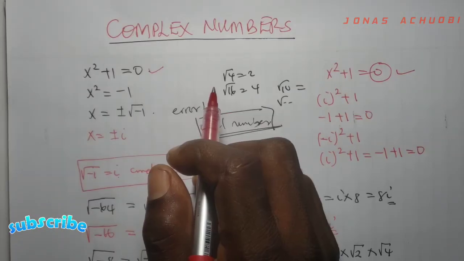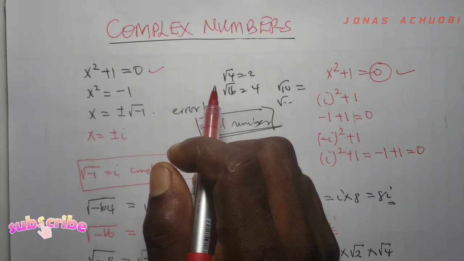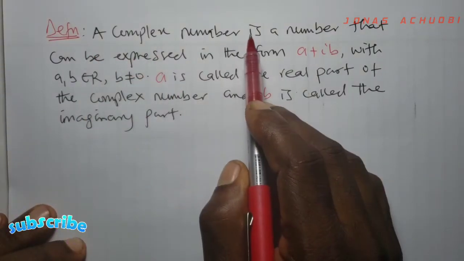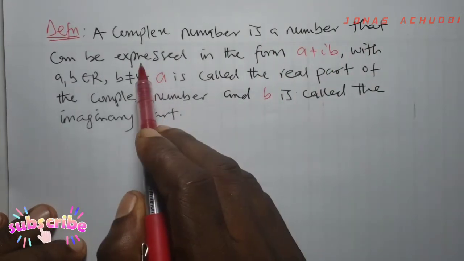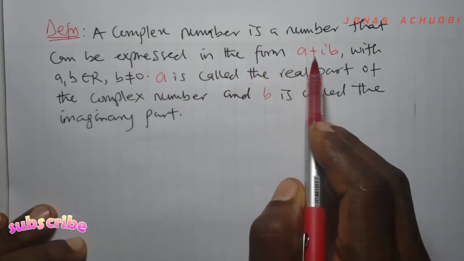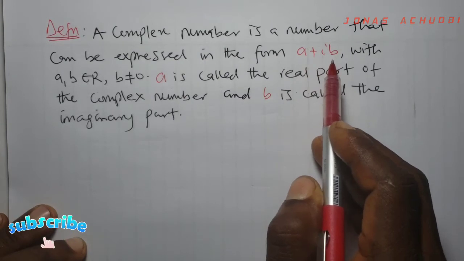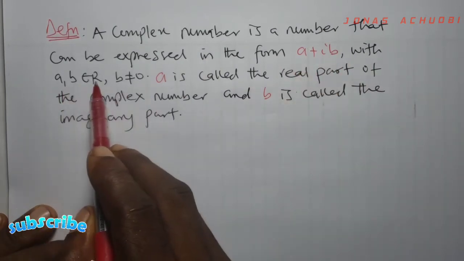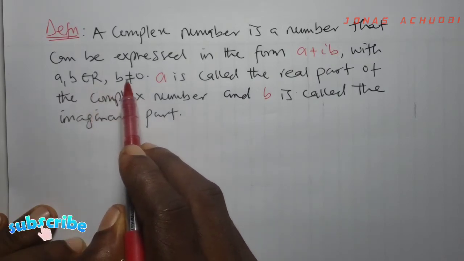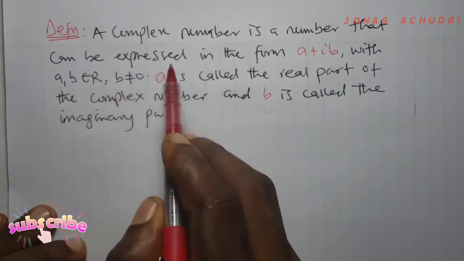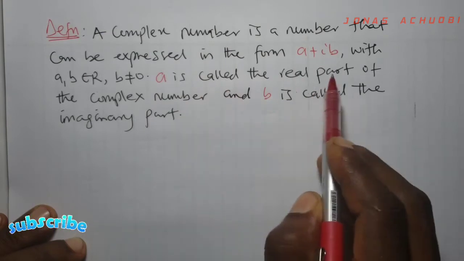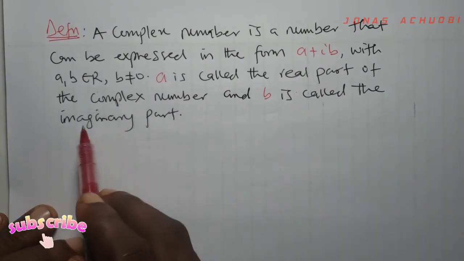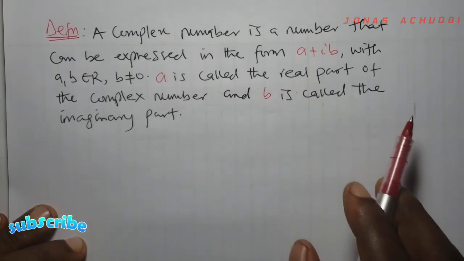Now let us define what a complex number is. Definition: a complex number is a number that can be expressed in the form a plus ib, with a and b here being real numbers and b is not equal to 0. a is called the real part of the complex number and b is called the imaginary part of the complex number.